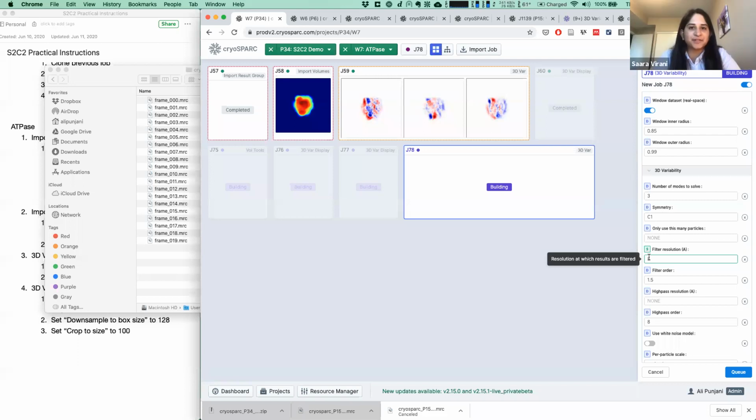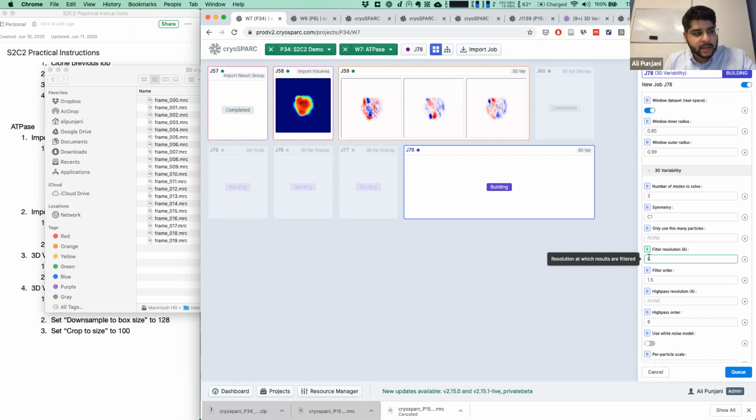Is the 3D variability job very memory consuming, and approximately how long would it take to run on a standard sized data set? It's actually surprisingly fast. It probably takes about the same amount of time, maybe twice as long, as doing, for example, a heterogeneous refinement.